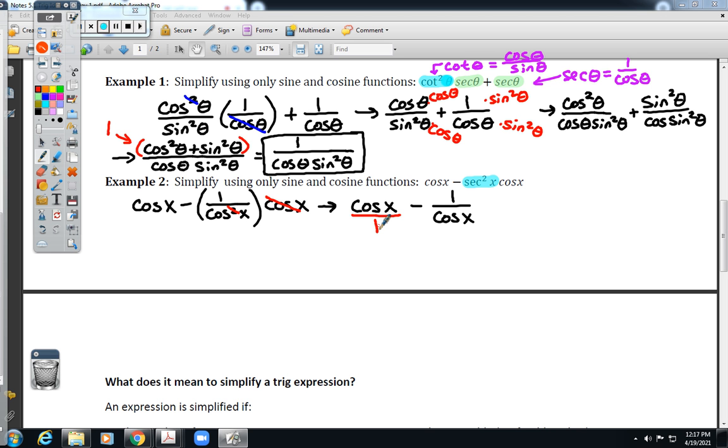So we need to multiply the bottom and the top of the first expression by cosine of x to get a common denominator. So that would be cosine squared over cosine minus 1 over cosine.